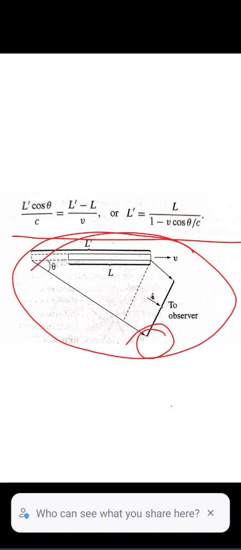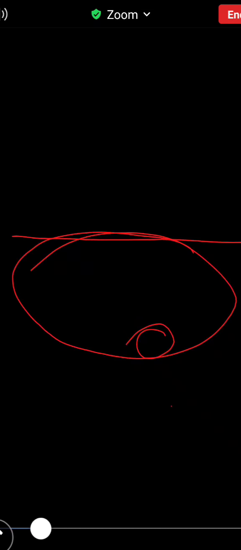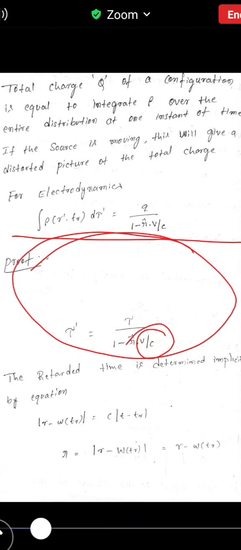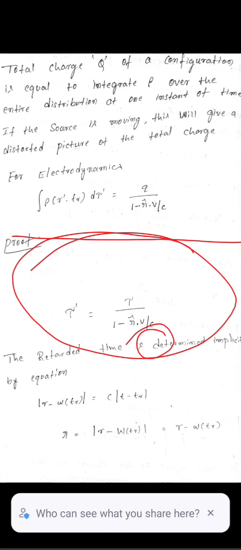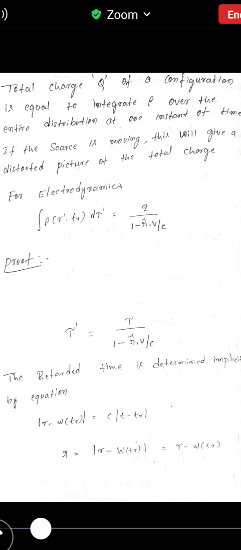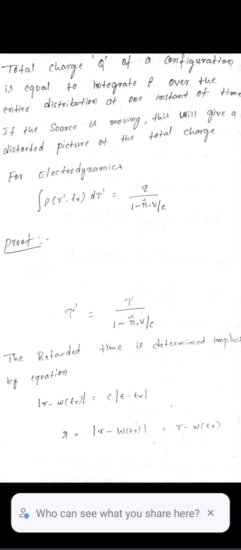Next, this is the proof for this equation, the correction factor 1 divided by 1 minus r cap dot V by C. So this is the correction factor.